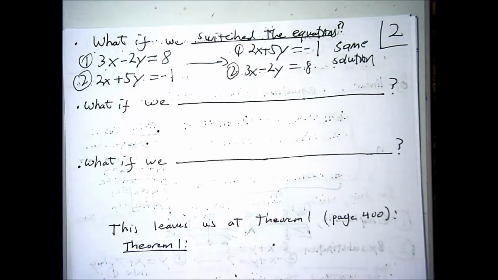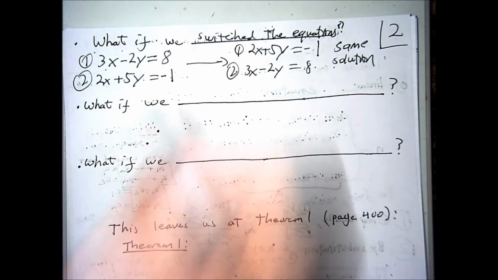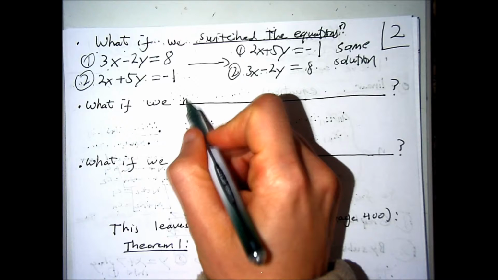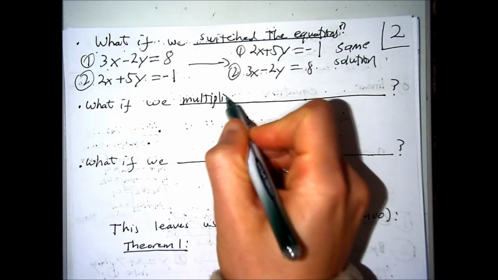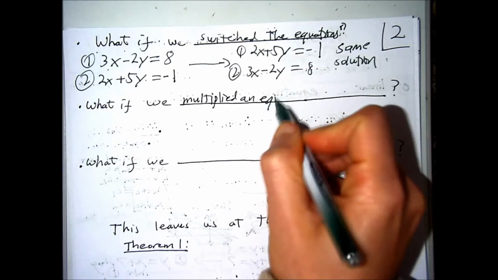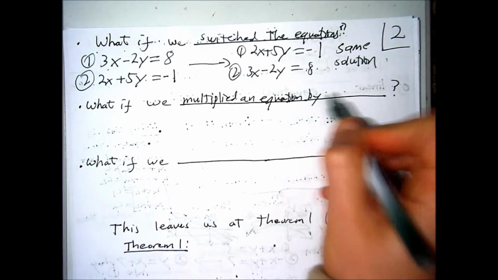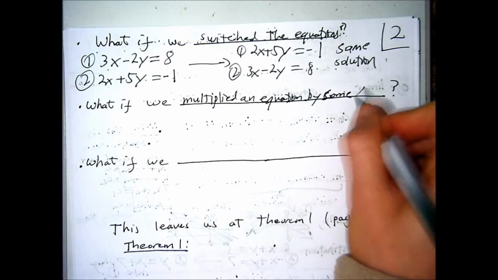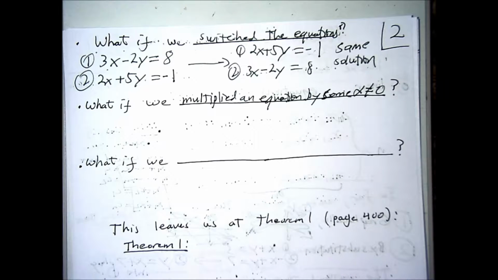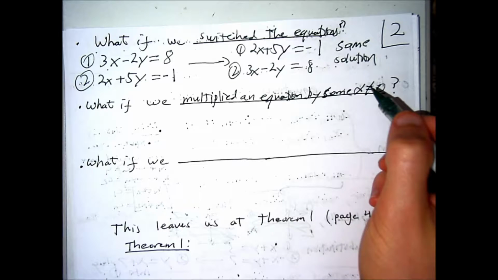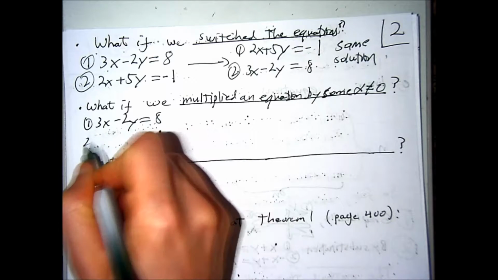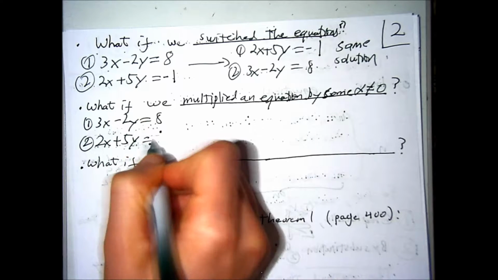So no change. Same solution. Okay. What if we multiplied one of the equations by a constant, by some alpha not equal to 0? Alpha has to be a non-zero number. So let's say 1 is 3x minus 2y equals 8, and 2 is 2x plus 5y equals negative 1.